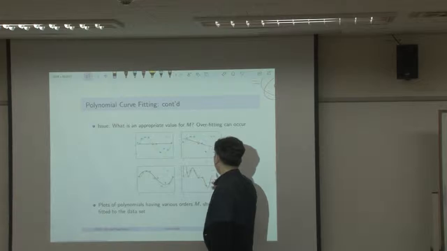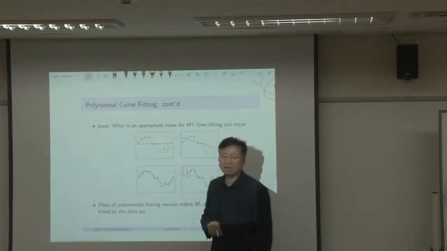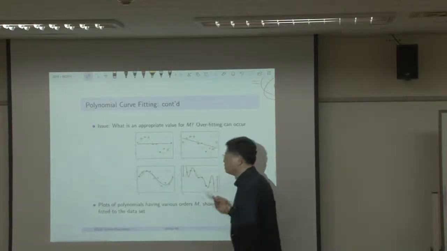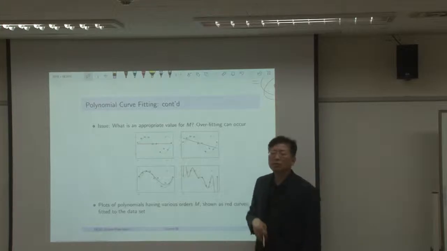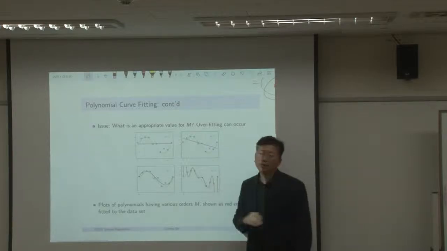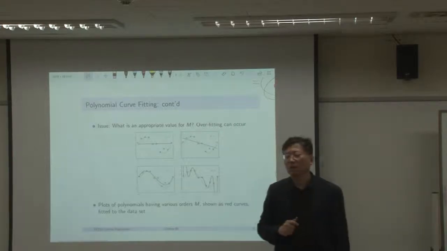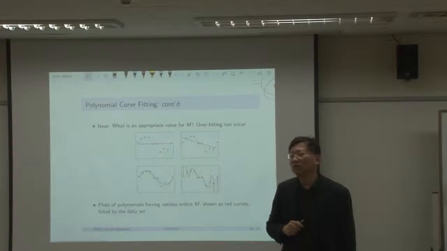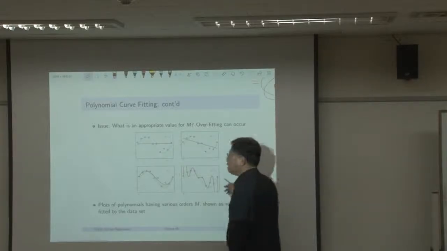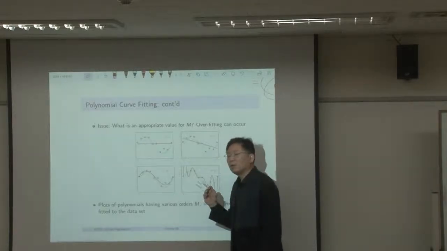Then I go to m equals 9. What is the error? 0. The training error is 0. But is this a good fit? No. You can see the training error is 0. Why?